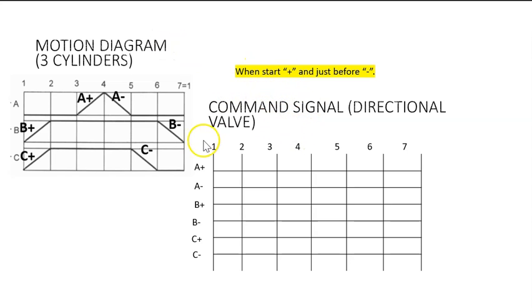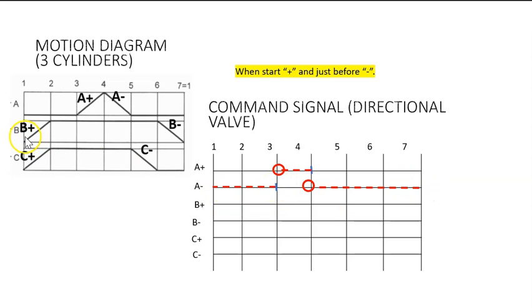For the command signal, we're going to have here A plus A minus, B plus B minus, C plus C minus. We look at time, starting with A plus. A plus starts at 3 and finishes at 4, and then we put the dotted line, and A minus is the complement, so it's going to be here and over here.